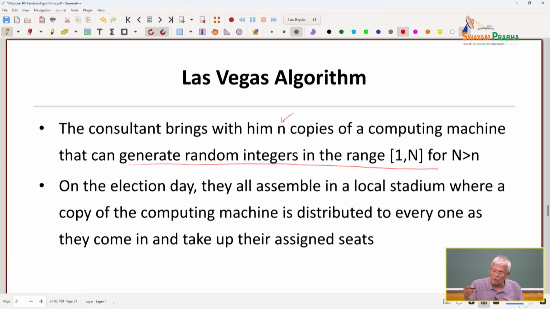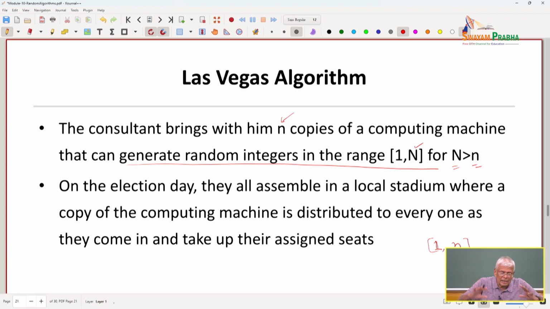He has loaded a program that can generate numbers in the range 1 to capital N, for any capital N greater than little n. Little n is the number of people, capital N is more than the number of people. So he has a computer with a program that can generate random numbers in the range 1 to n.